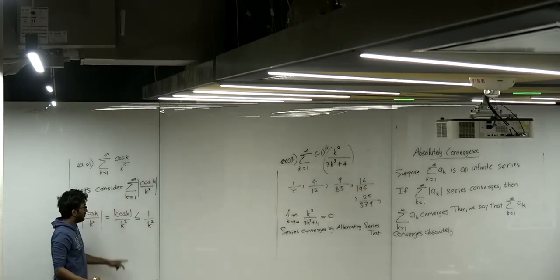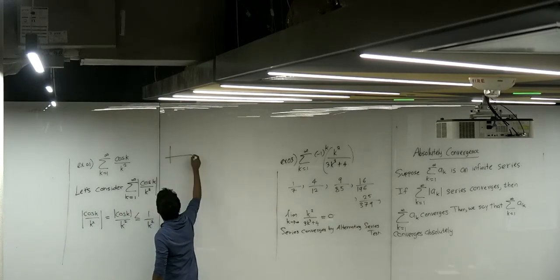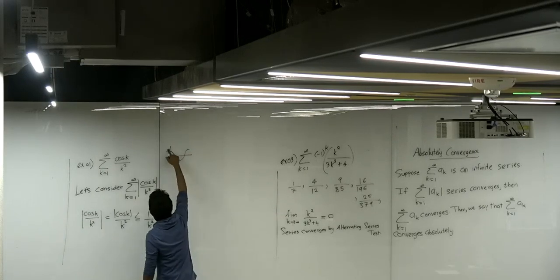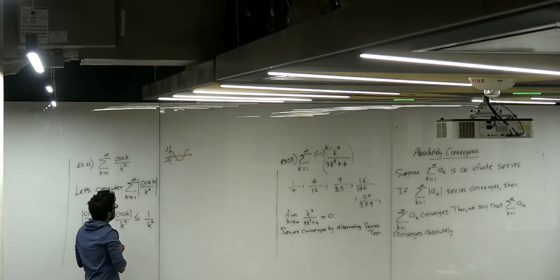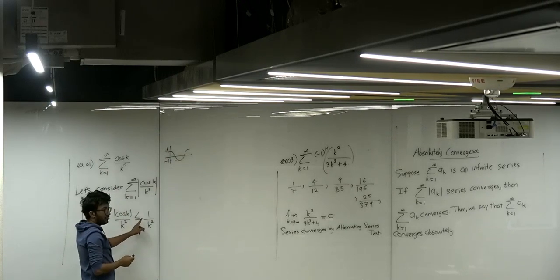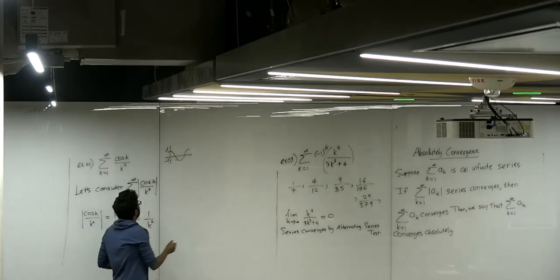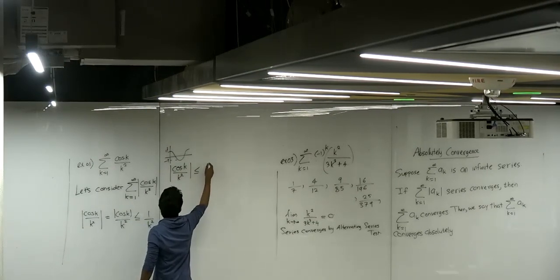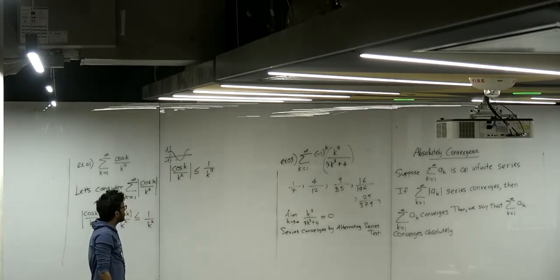If you sketch the graph of cosine k between -1 and 1, its magnitude is at most 1. Now you have a nice series to compare. So now we know that the absolute value of cosine k divided by k to the power 2 is less than or equal to 1 divided by k to the power 2.